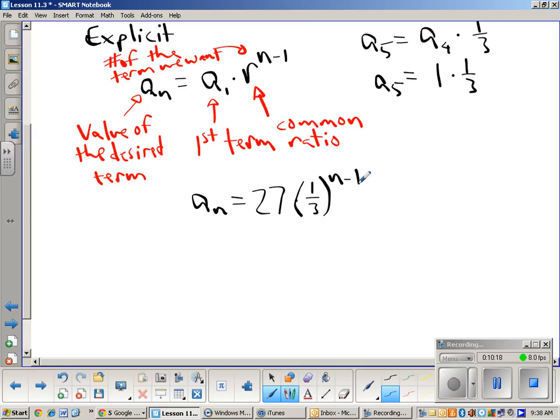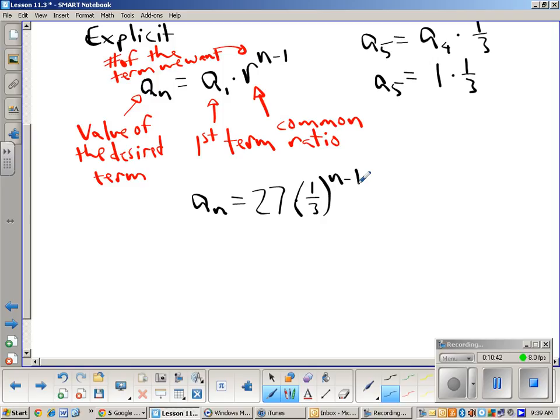That is my formula. Now, if Taylor says, what would the 100th term be? Then I would plug 100 in for n. 100 minus 1 is 99. And I'd say, what is 27 times 1/3 to the 99th power? Wouldn't it be proper to put a subscript 100 if you wanted to find the 100th term?